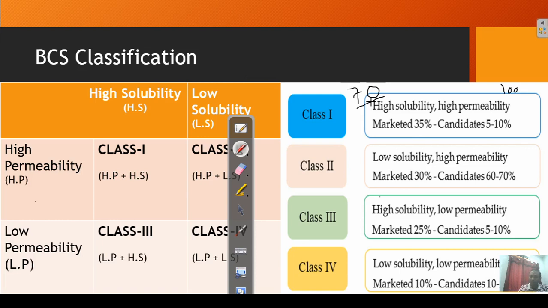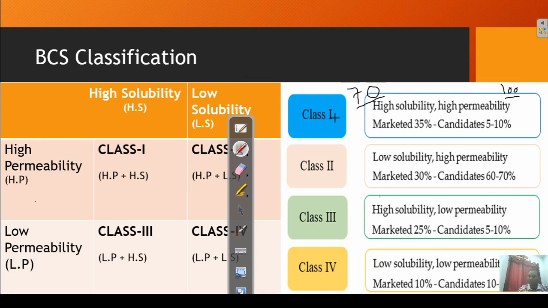You have to consider them separately: take percentages from the total marketed drugs, and percentages from the drugs which have been discovered up till now.